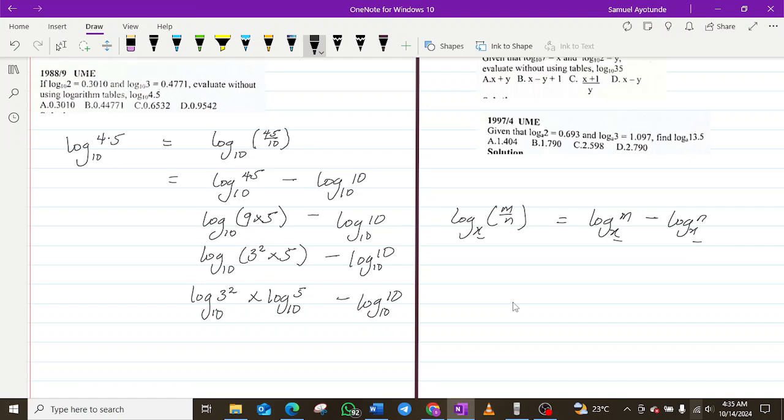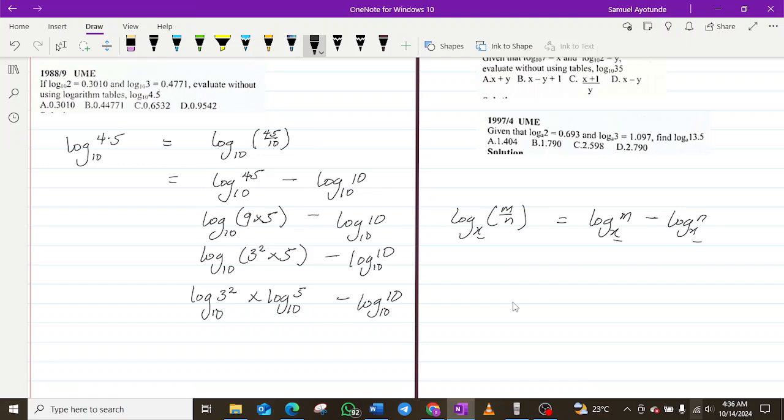So we were given values for us to substitute. We're only given log 2 base 10 and log 3 base 10. We weren't given log 5 base 10. So that means we need to find another way to simplify log 5 base 10.